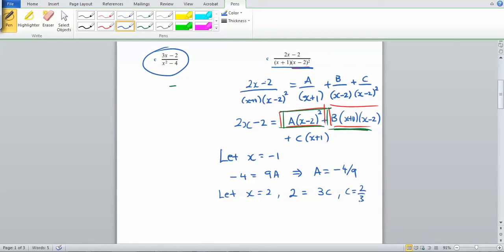Okay, so we've found those. Now we know what A is and we know what C is. Now we can go ahead and find B. It would probably make sense now to let x equal something nice and easy, like 0.